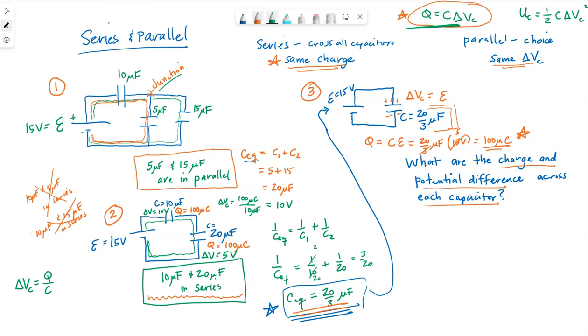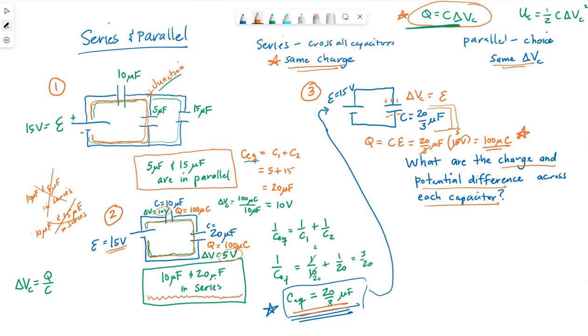And please notice, as we go around this circuit, this battery is a total voltage of 15 volts. As I pass from one end of the battery to another, the voltages across these capacitors that I pass have to add up to be 15. And that's what we're seeing. As I follow my path, the first capacitor has a potential difference of 10 volts across it.